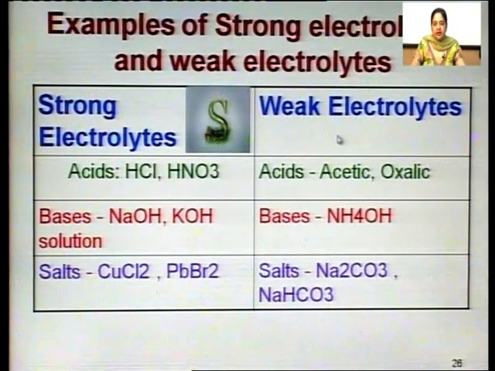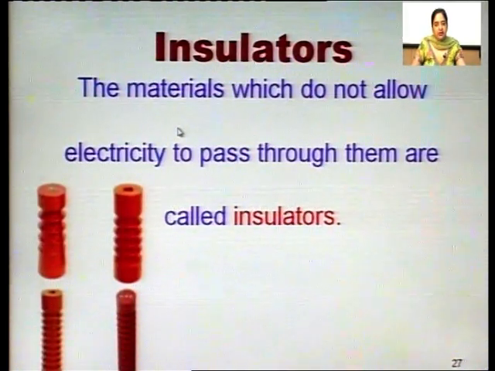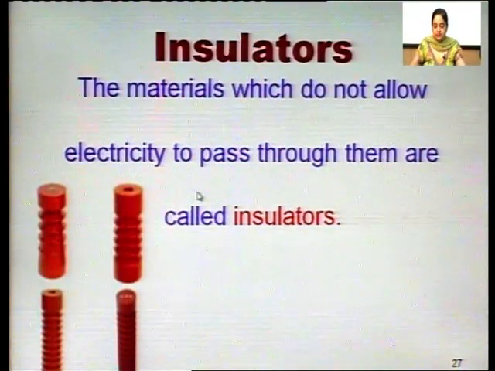Weak electrolytes: acids like acetic acid and oxalic acid, bases like ammonium hydroxide NH4OH, and salts like sodium carbonate and sodium bicarbonate. Insulators, the materials which do not allow electricity to pass through them, are called insulators.